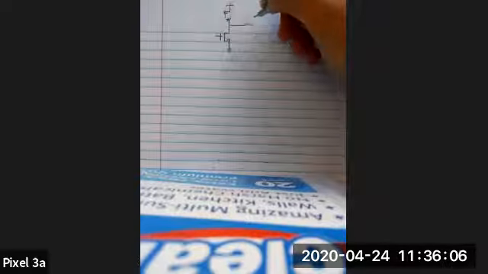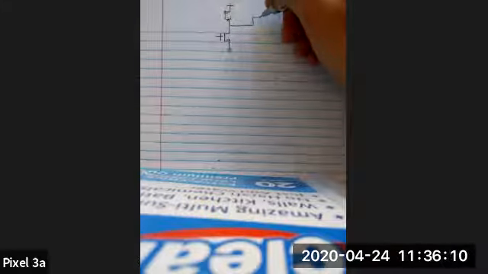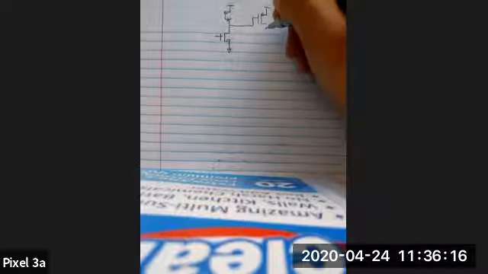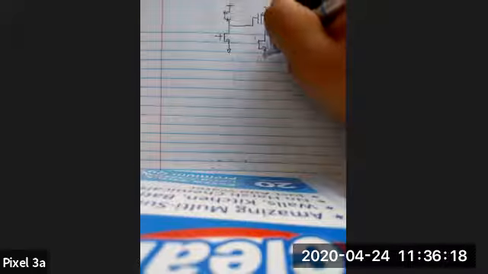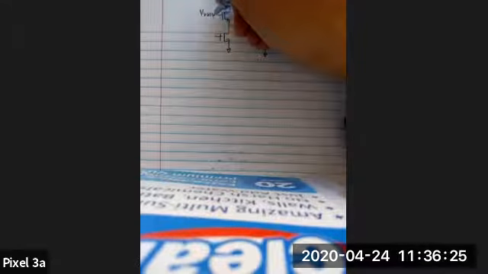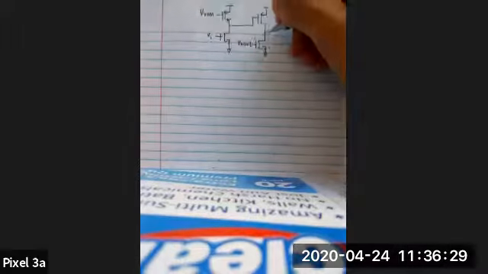So what would happen if we did something like this? V bias 1, V bias 2, Vn, and this is V out.